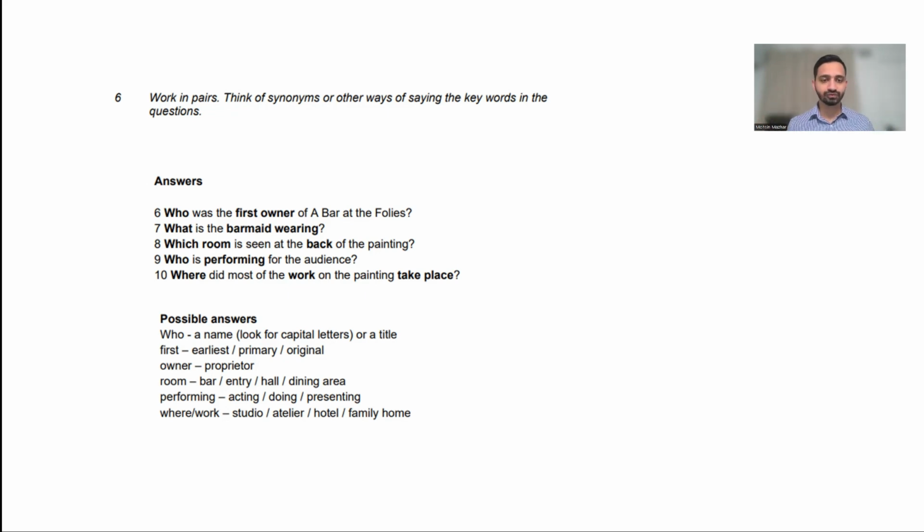These are the names of the rooms. Performing might be acting, doing, presenting. These are all acts of performance. Where, work: it might give you studio, atelier, hotel, family home, etc. These are some of the words you might find in the article.